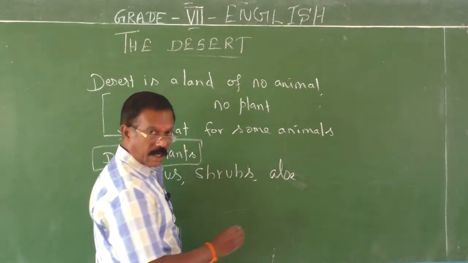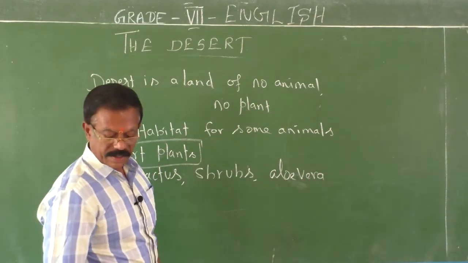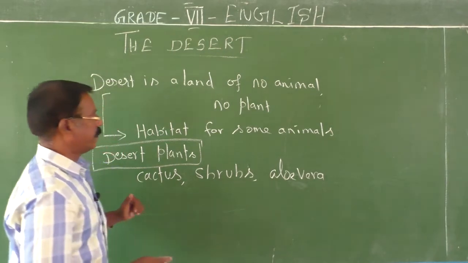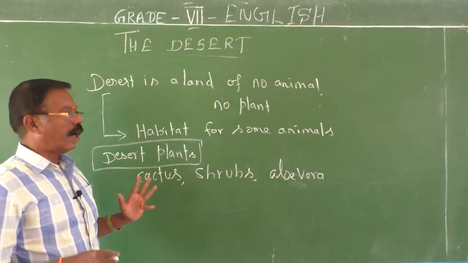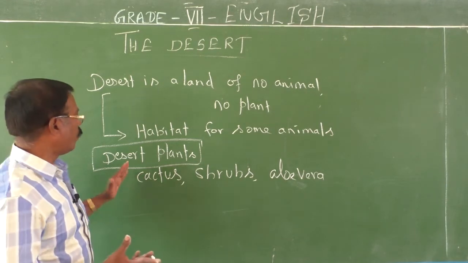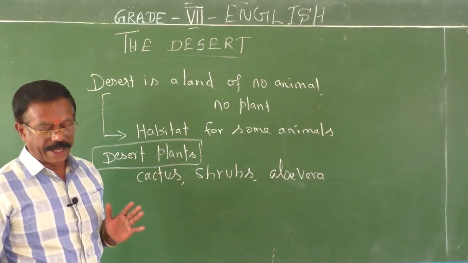These plants are found in the deserts. Cactus, shrubs and aloe vera plants are also found in the deserts. Therefore, they are generally called desert plants.